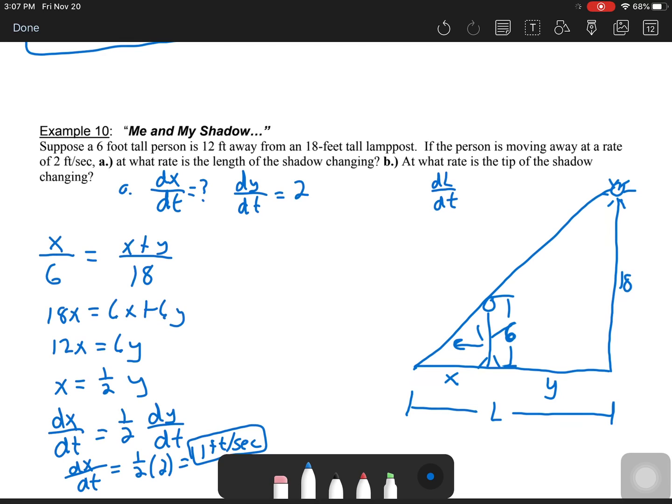Okay, so now for part B, I'm looking for dL/dt.